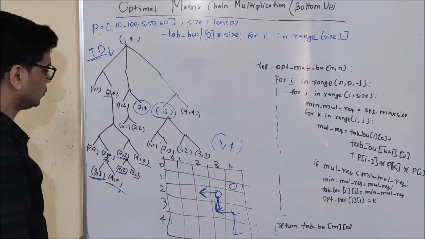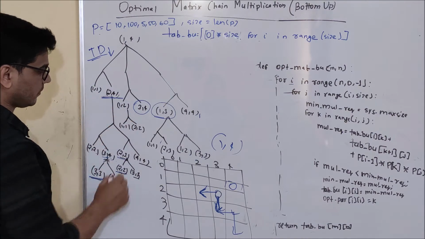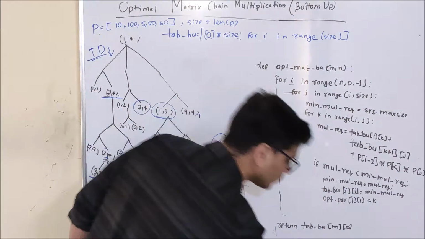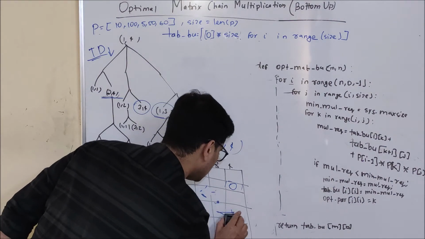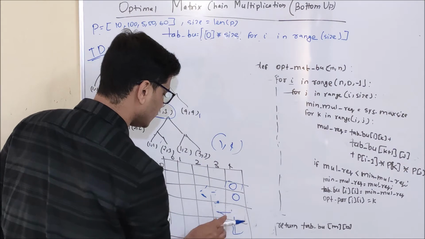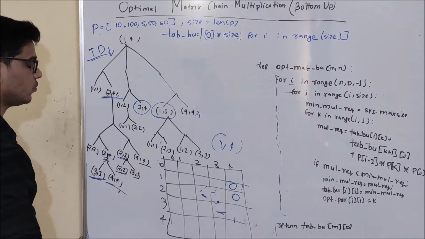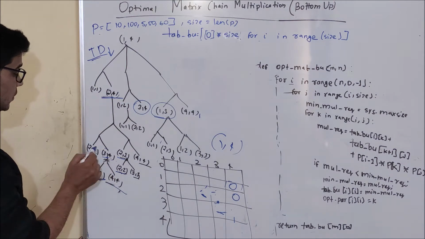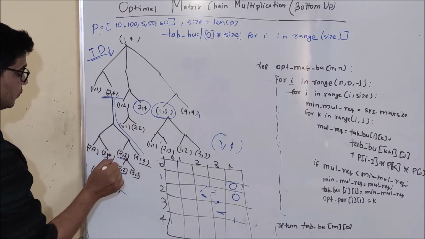Okay. So now let's see some other value, 2, 4. So this is 2, 4. Now let's see with the help of which cells 2, 4 comes to its answer. See, this is the tree for 2, 4.